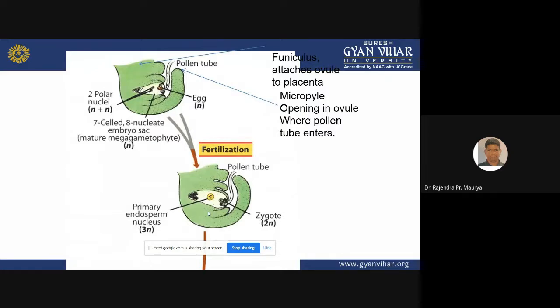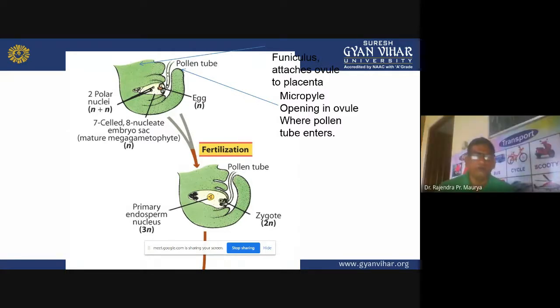So you can see on the left side above diagram, this is where the pollen tube enters, and here are the female gametes. We can see the ovules, eggs. So here two pollen nuclei, n plus n.